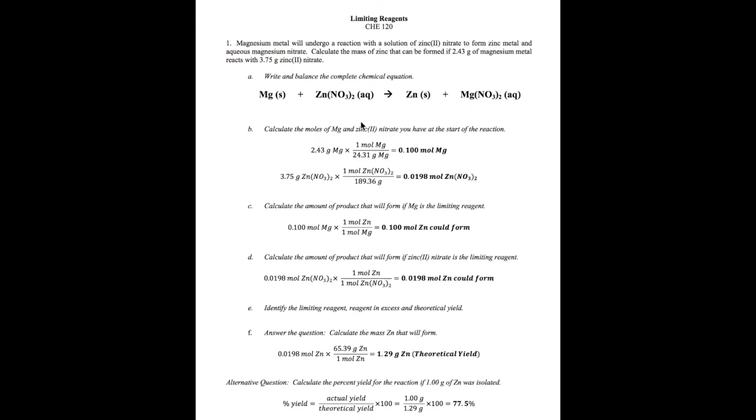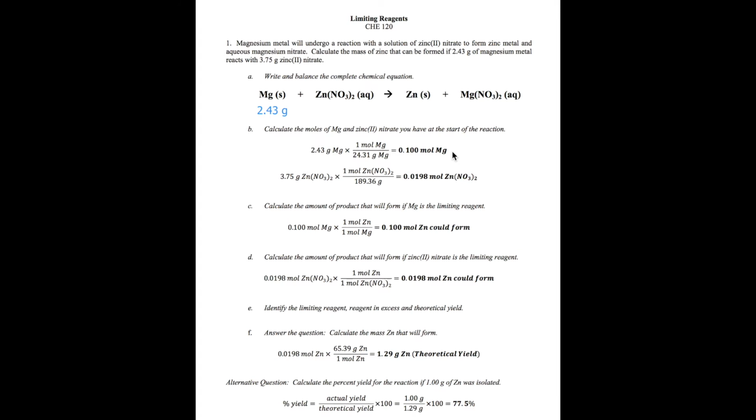Remember that your balanced chemical equation relates each of these components in units of moles, and so the next thing we need to do is convert each of the starting materials to moles. We know from the information in the problem that 2.43 grams of magnesium is what we're starting with. We can convert that to moles using the molar mass of magnesium, 24.31 grams per 1 mole, right from the periodic table.